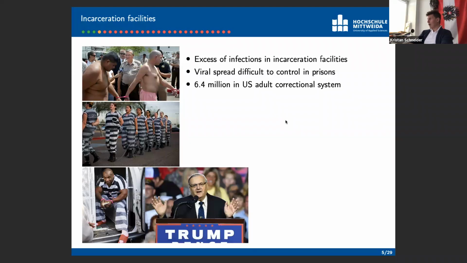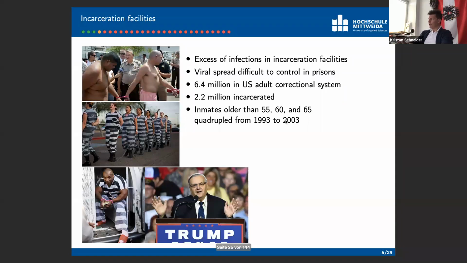You have a lot of people in the US correctional system, 6.4 million. Even Mike Tyson was once a guest of Sheriff Joe in Tent City. And you really have over 2 million incarcerated.